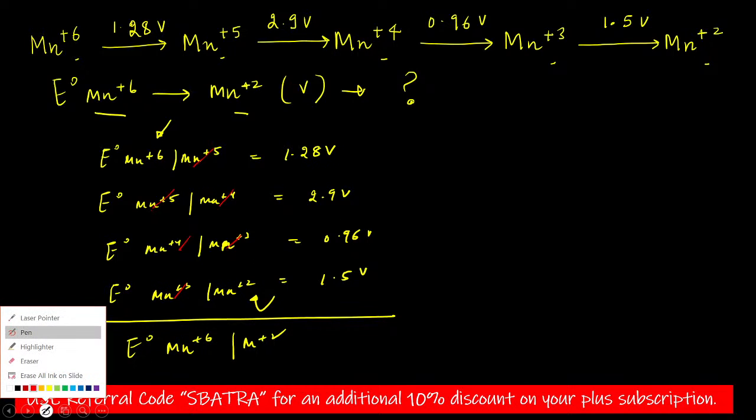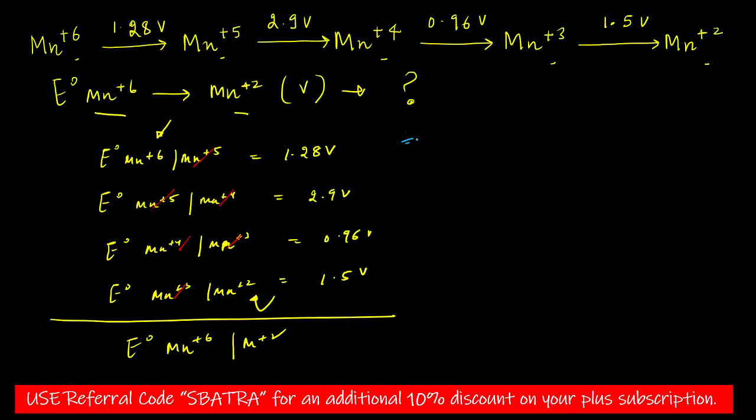So how do I substitute the values? This is 1.28, and we don't have to reverse the sign because it is written in this particular format only. This is 6 to 5, so there is only one electron change, and we multiply this by 1. Similarly, we have 2.9, 0.96, and 1.5, each with a change of one electron.